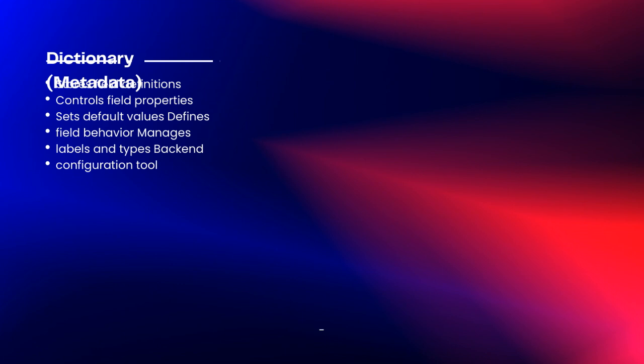In essence, this slide highlights how vital it is to have a well-organized metadata dictionary, as it underpins the integrity and usability of our entire system. It connects to our overall theme by showing how structured data management is foundational to building reliable and user-friendly applications.